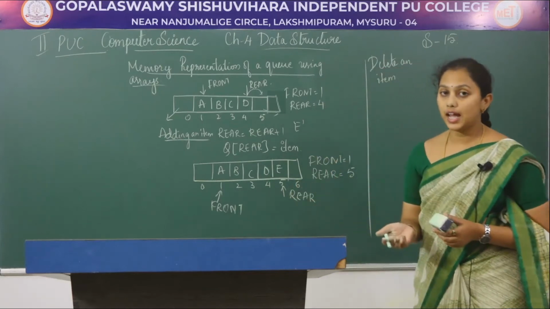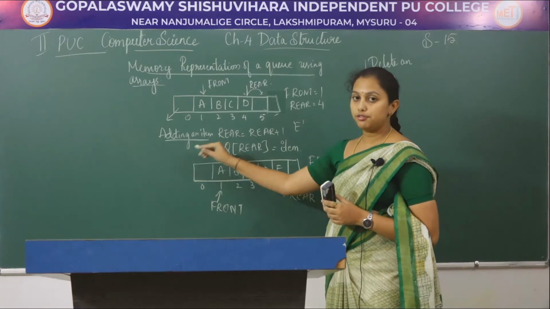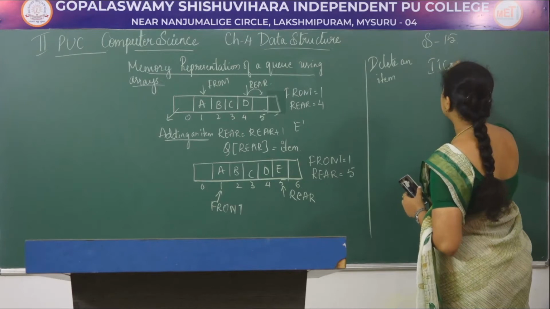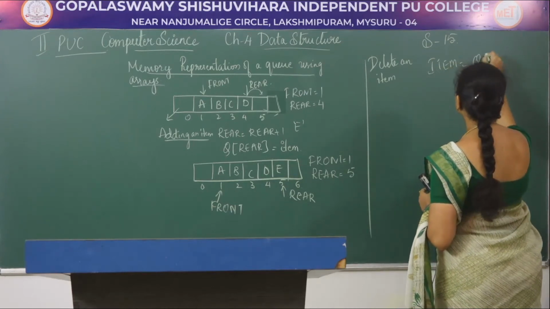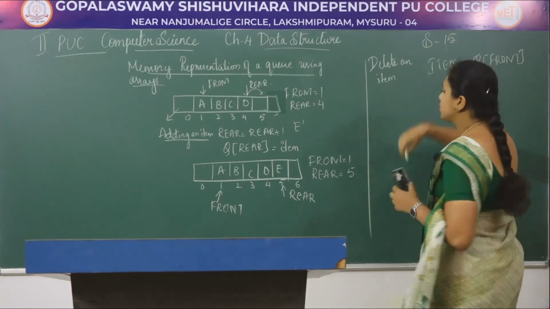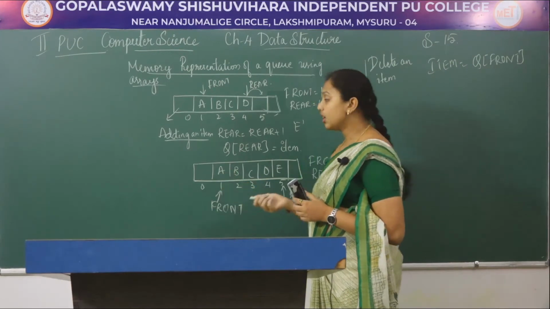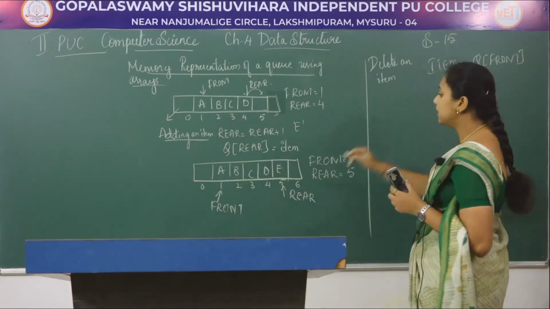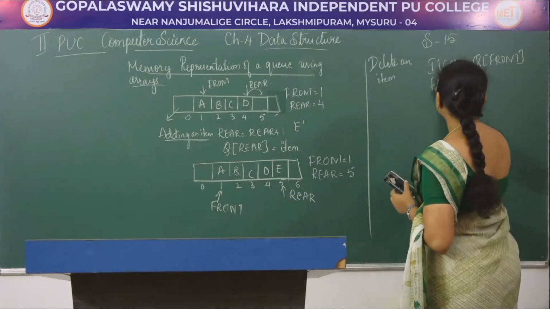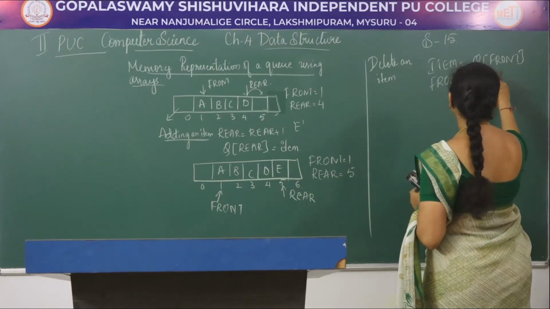While removing an item from the queue, we are removing from the front end of the queue. So item is equal to queue of front. If I want to delete this item A, then I have to remove it from the front end of the queue. After deleting this, front is going to be incremented by 1.